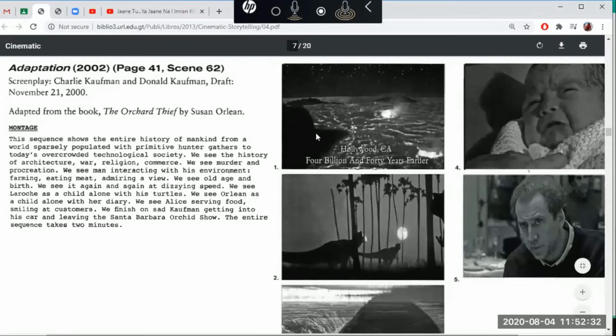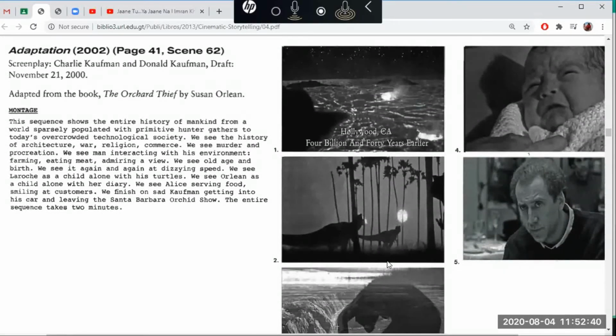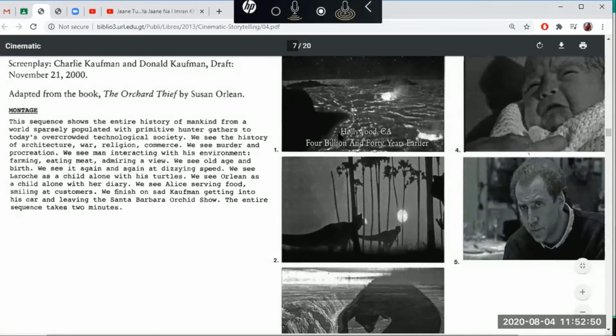Evolution, which is of nature. So you can see there are certain images here. They are actually showing you the storyboard of the sequence. So you can see evolution of nature, and you can see evolution of man, right?